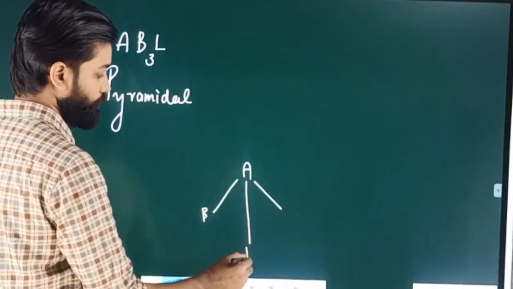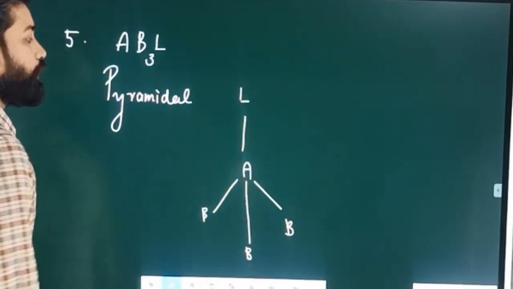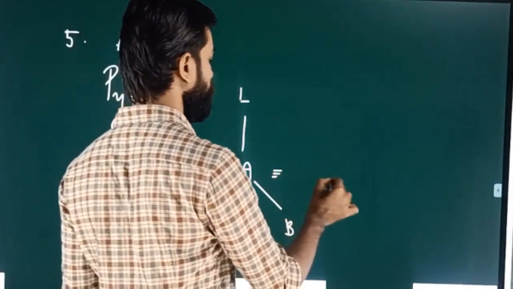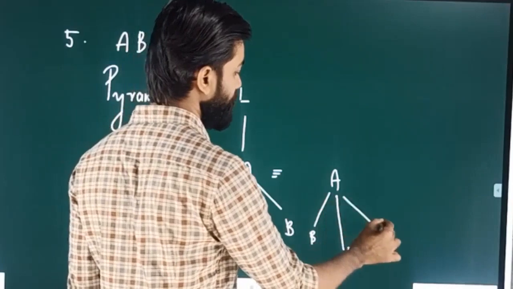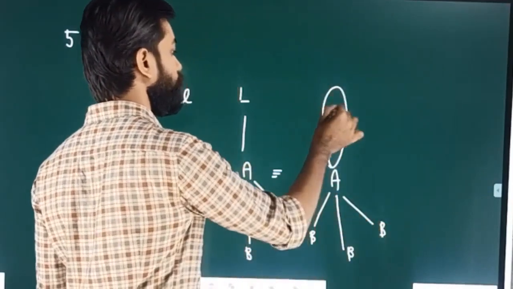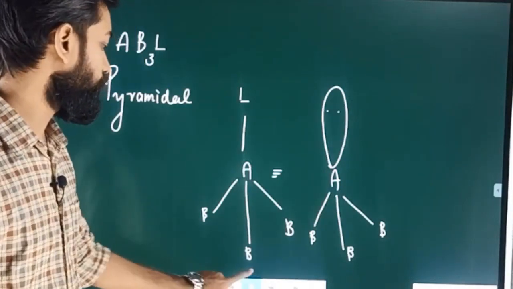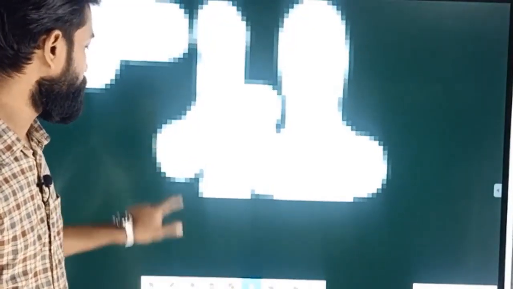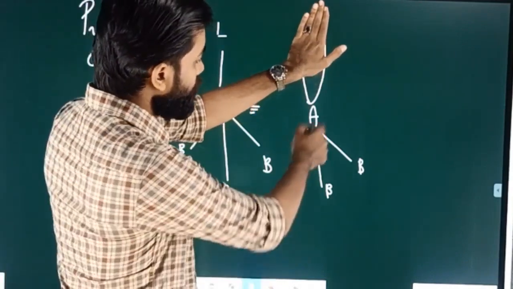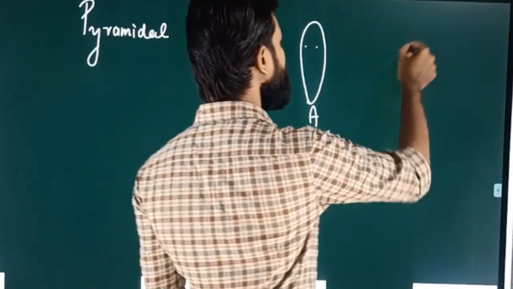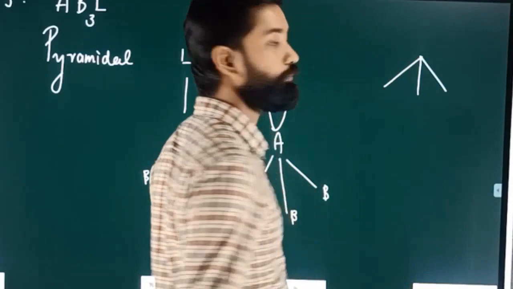So AB3L has 3 bonds like this, and here is a lone pair. This can also be written or drawn like this. So the geometrical pattern is actually tetrahedral, but due to the presence of a lone pair, which is not considered in the shape, the shape is something like a pyramid.